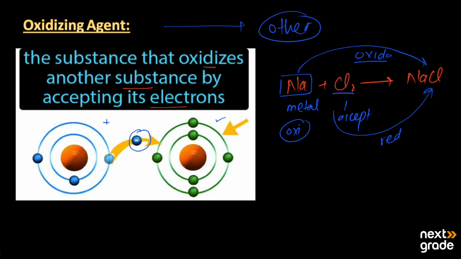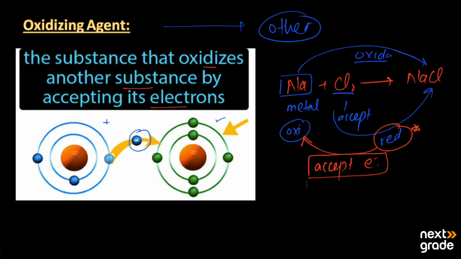The substance that reduces itself and oxidizes the other is called the oxidizing agent. It reduces itself by oxidizing the other substance, that is, by accepting the electrons that have been lost by another element.